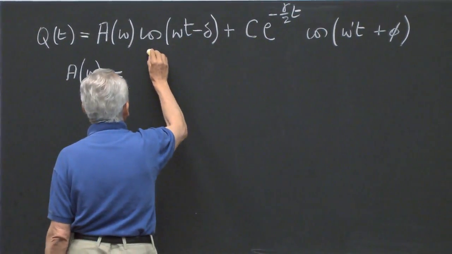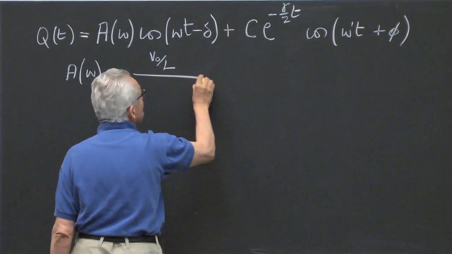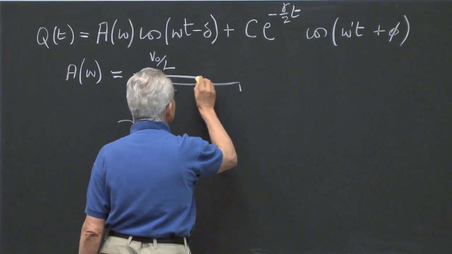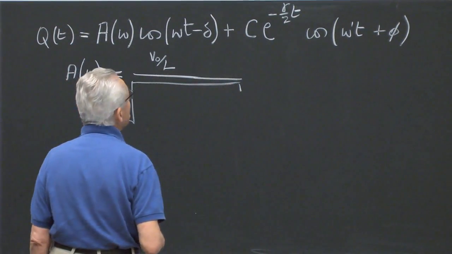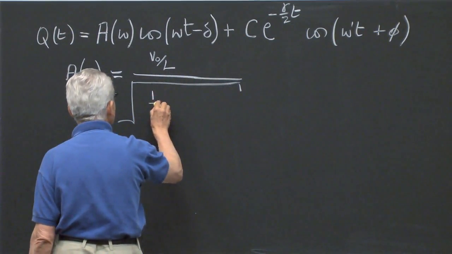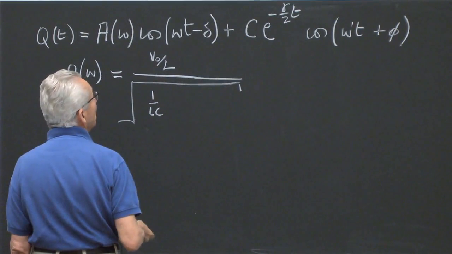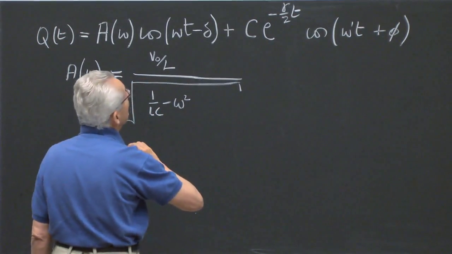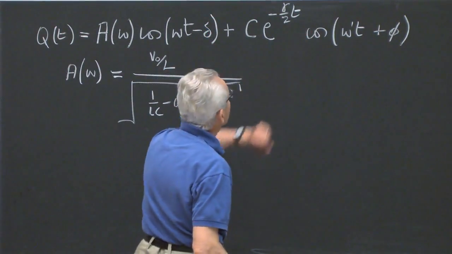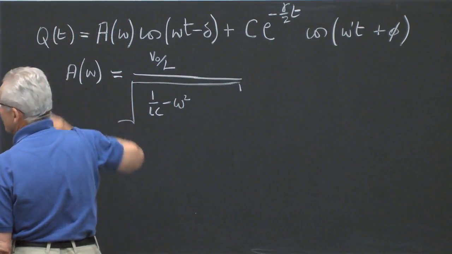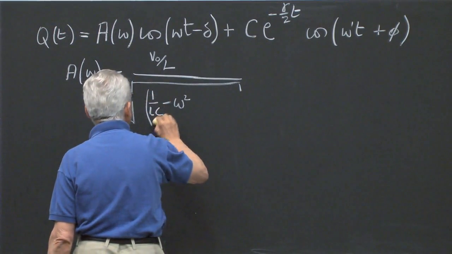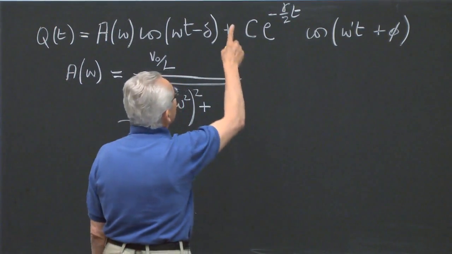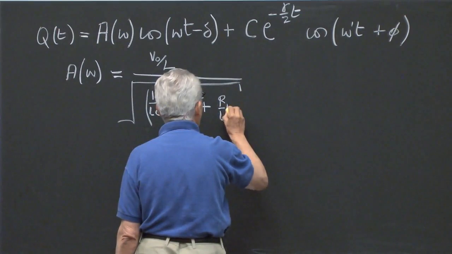F is V0 over L, I just read it off there, divided by the square root of omega 0 squared, which is 1 over LC, minus omega squared, that's just the frequency with which the voltage is driving there, all squared, plus gamma omega, gamma is R over L, omega, all squared.